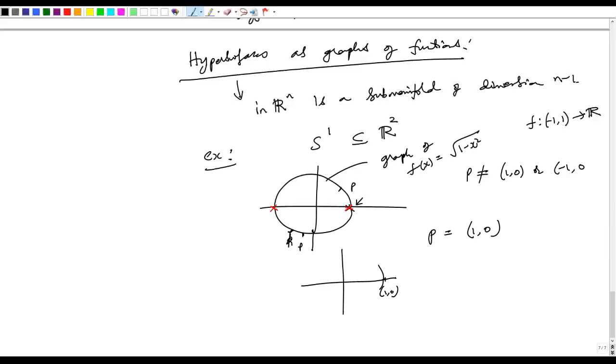However, in this case, notice that if I change my point of view, instead I use the y-axis as a reference, as a domain for my function. Here I took this interval from -1 to 1 to be part of the x-axis. But if I take -1 to 1 to be part of the y-axis, then I'm in good shape, because now I can look at the right hemisphere.